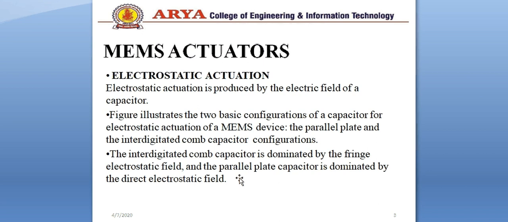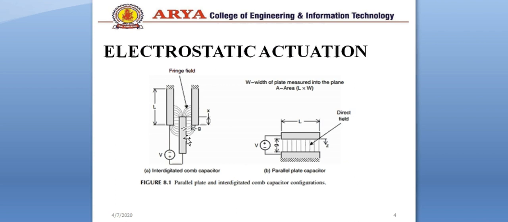First, the interdigitated comb capacitor has a fringing electric field, you can say. These are the fringing electric field, and within the parallel plate capacitor there is a direct field between the plates. As you can see, the interdigitated comb capacitor has parallel plates, so it has a direct field also.